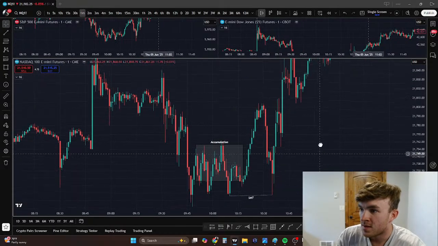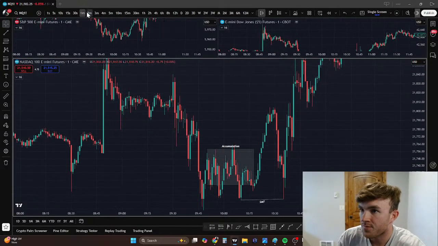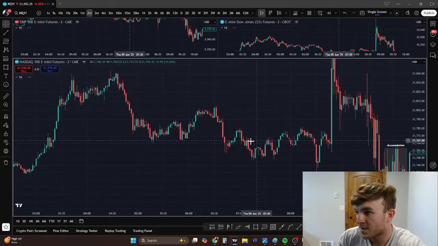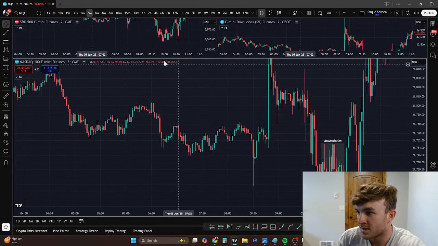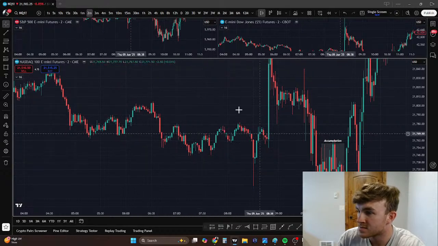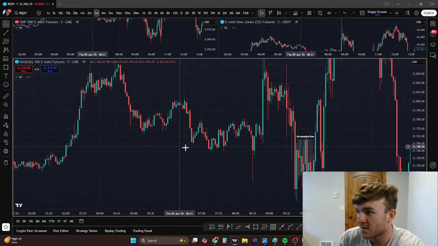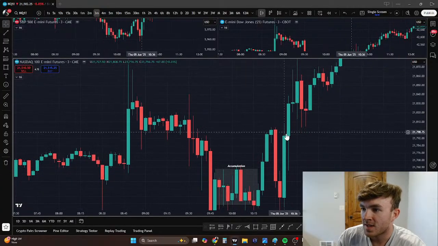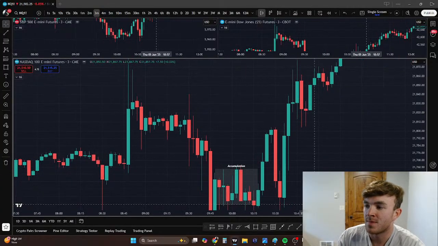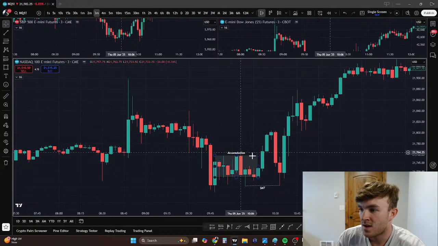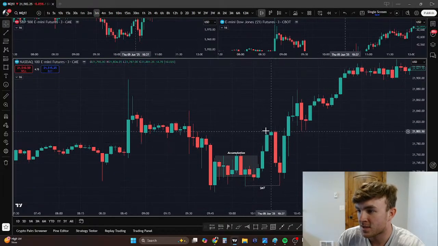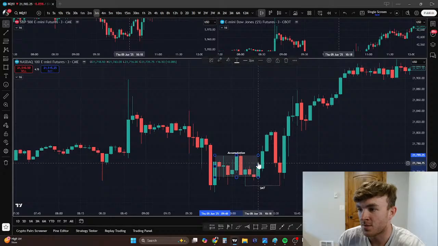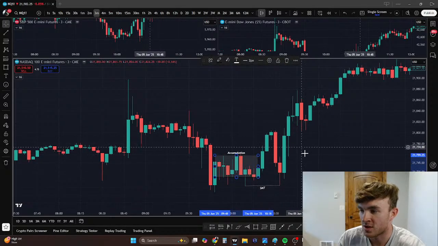And then what I was considering taking this on was the 3-minute, because 3-minute inversed really nicely. Only thing is we had wicked out the high, but that doesn't really matter a ton. I was just being defensive because I really don't want to take a loss, and if I wasn't sure, I wasn't going to take it.